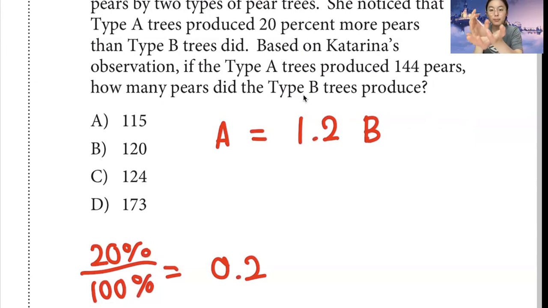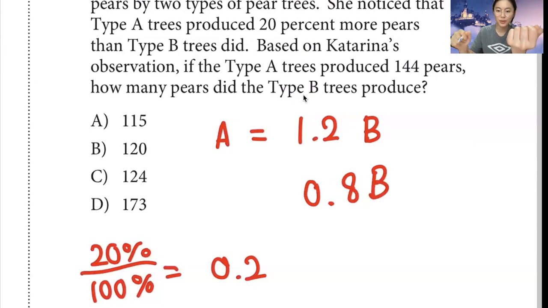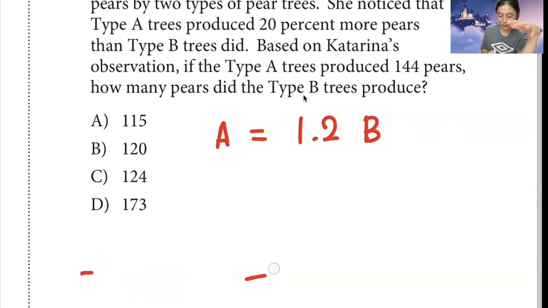Because if we write 0.2b, that's only going to take the 20% out of the type B trees. And if we write, say, 0.8, then we're subtracting 20% from type B. So that's not what we're trying to do. We're trying to add the 20%. So it will be expressed like this.